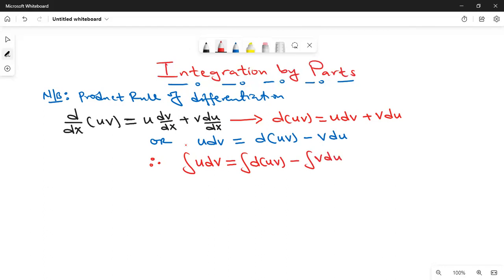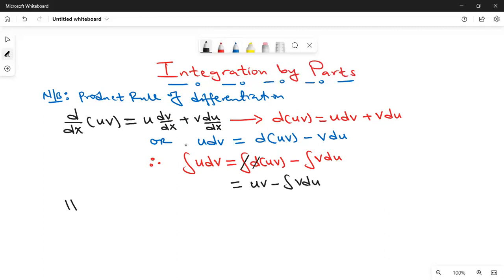Integration and differentiation are inverse processes of each other, so they cancel. So this is now written as uv minus the integral of v du.